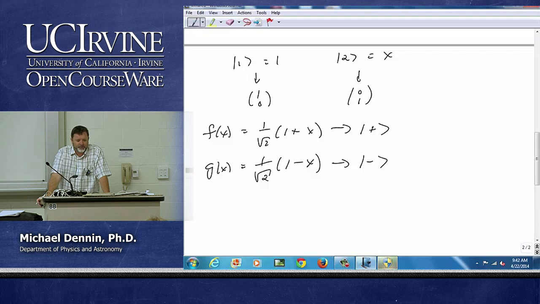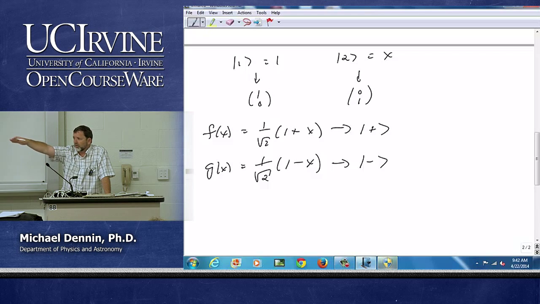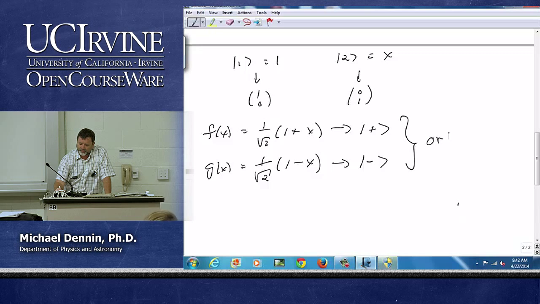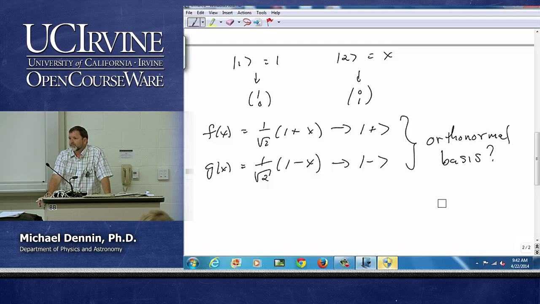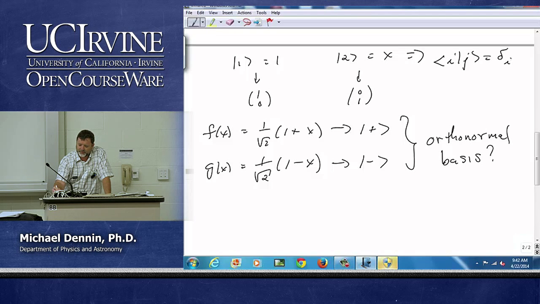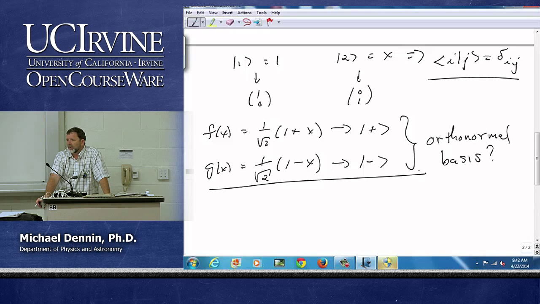Now, let me ask you this. Quickly, on your own or with a neighbor on paper, answer the question, are these two vectors forming an orthonormal basis themselves or not? So for this vector space, with these two basis vectors where we still have the dot product defined that way, are these new vectors, the plus and minus, an orthonormal basis or not?